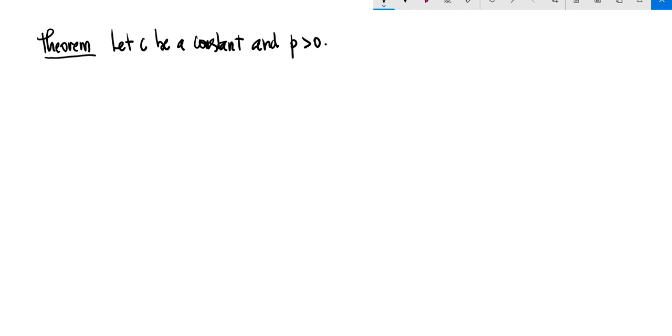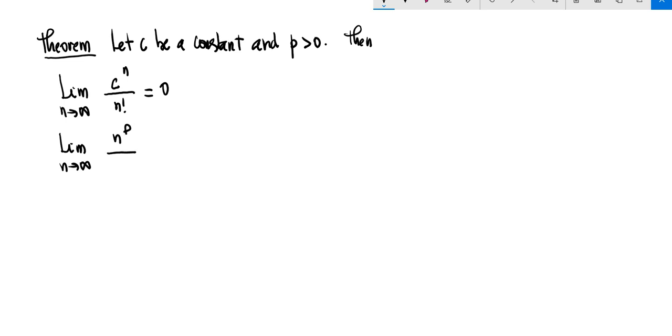Then the limit as n is approaching infinity of C power n over n factorial is going to be 0, and the limit as n is approaching infinity of n power p over C power n is also going to be 0.